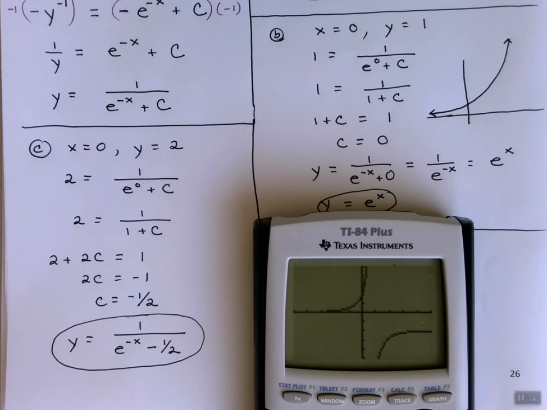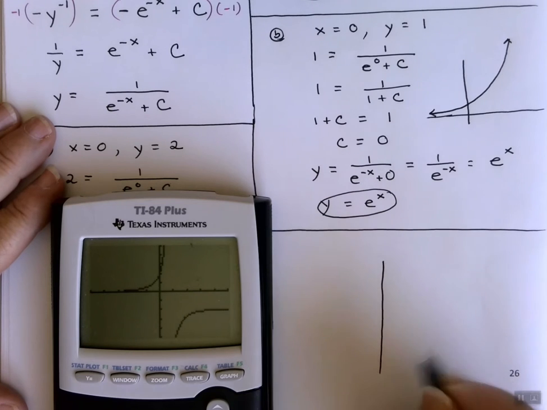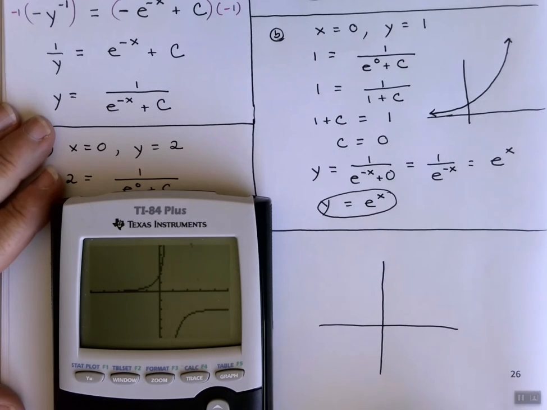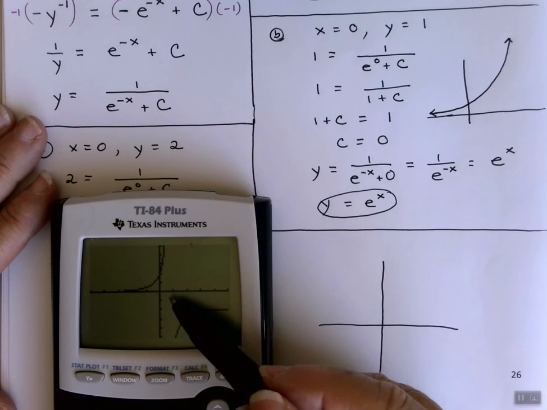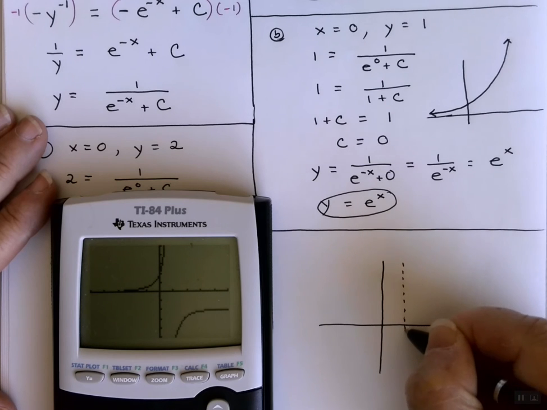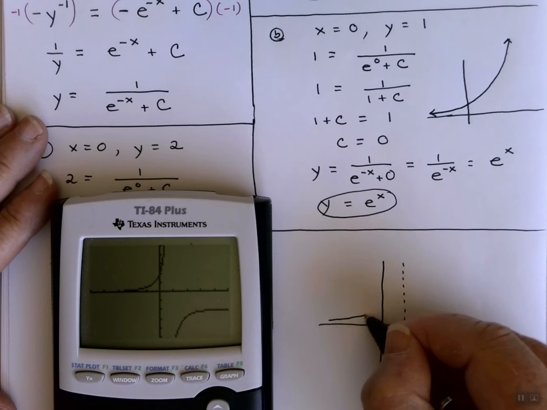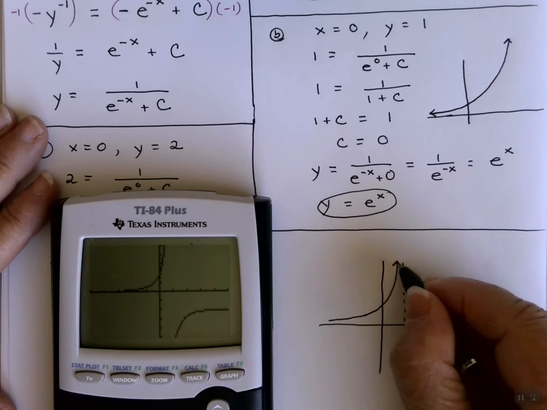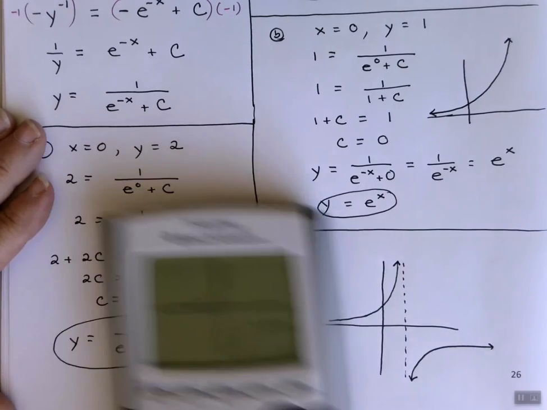It looks as though this one's got a vertical asymptote, right? Hard to tell exactly where. We could do the analysis if we wanted to, but it's somewhere around 1-ish, maybe a little less. I'm not even going to label it because we didn't do the analysis to find out where it is. But the graph goes up to the left of the vertical asymptote and down to the right, like so.